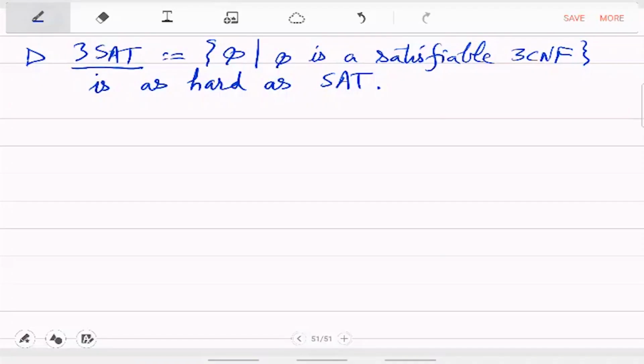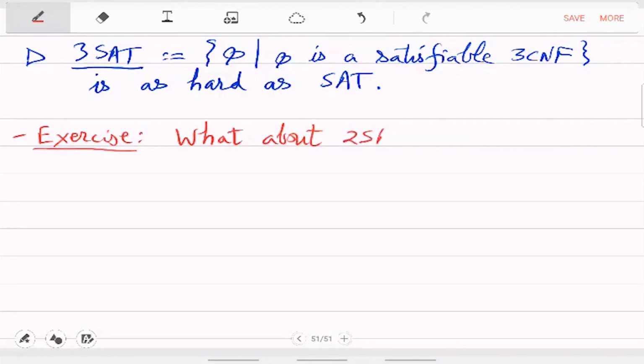So here one question that you should do as an exercise: what about 2 SAT? And what about special cases of 3 SAT?